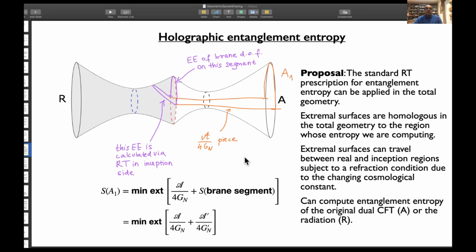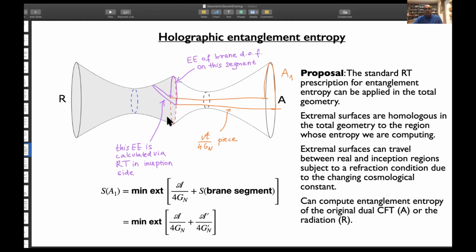So now the proposal is that in the context we're talking about with this inception, these end of the world branes, etc., when you compute such extremal surfaces, they're allowed to hit the end of the world brane. And if they hit the end of the world brane, you must somehow include the entanglement entropy associated with the degrees of freedom that are on the end of the world brane. But that's part of the region of interest. And if you have then done holography for the end of the world brane, you just run the extremal surface into the inception region, you just run it through.